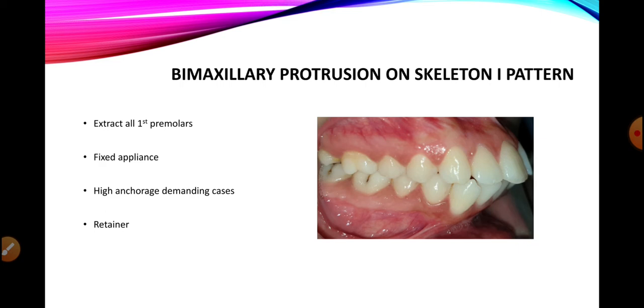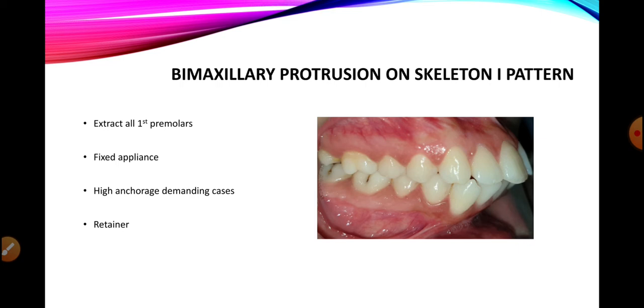Because in cases of competent lips, bimaxillary proclination means that there's some problem lying endogenously in the tongue, which is causing the bimaxillary proclination. Therefore, the relapse chances will be very high.